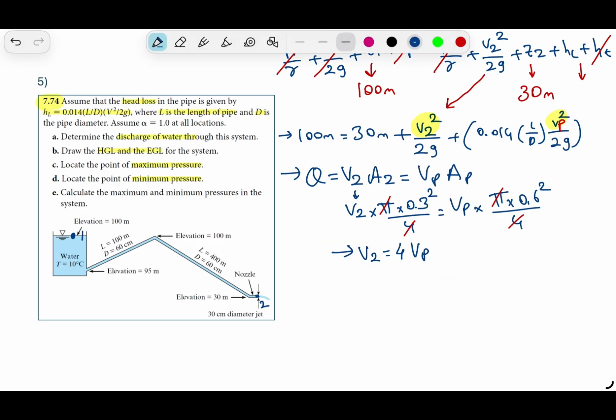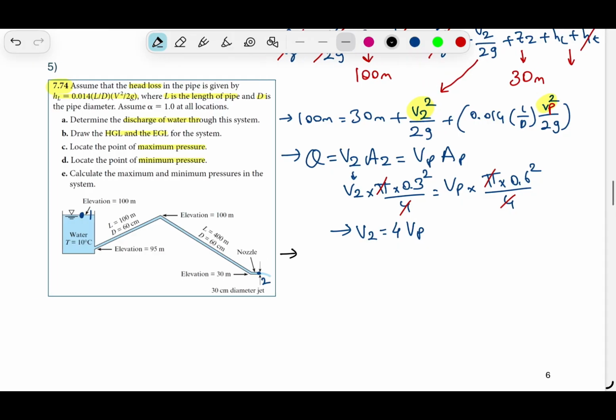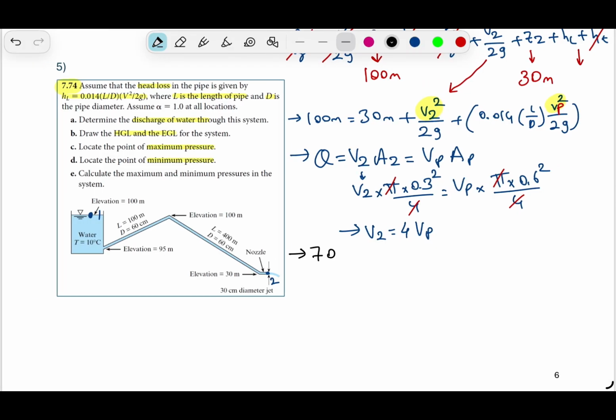And now within the equation, we can modify the equation, and we can write 70 meters, which comes from this equation, is equal to V2 square over 2g. So instead of V2, we are going to write 4Vp square.